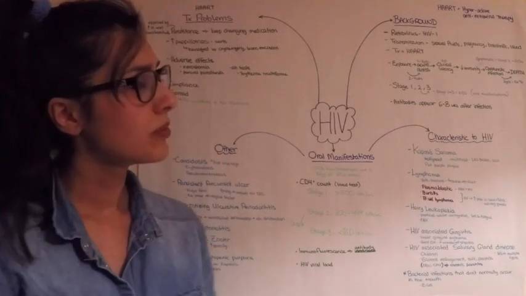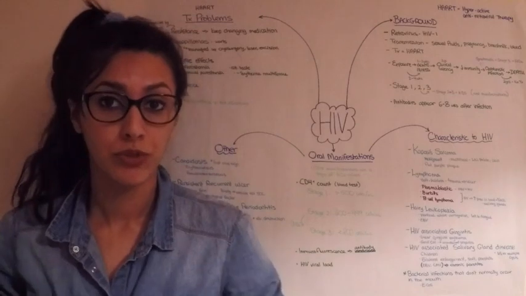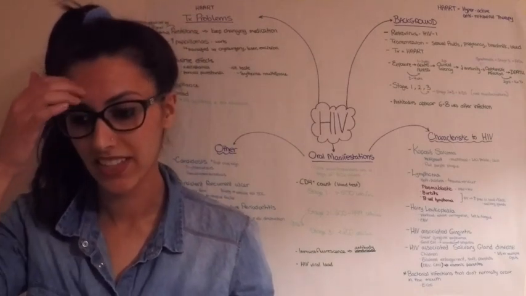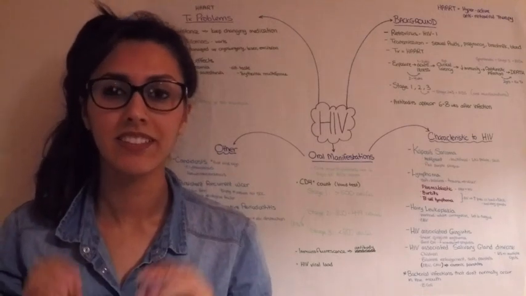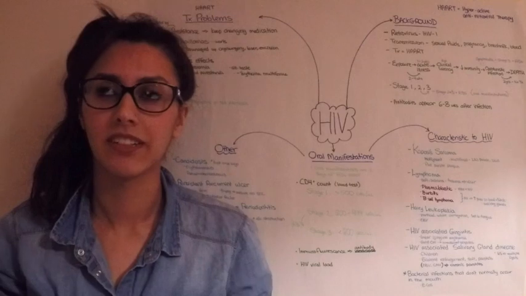Okay, so a tiny bit about how it works is that you get exposure to this virus. It goes into your blood and it attacks lymphocytes, and I think these are lymphocytes that have CD4 receptors sticking outside of them.